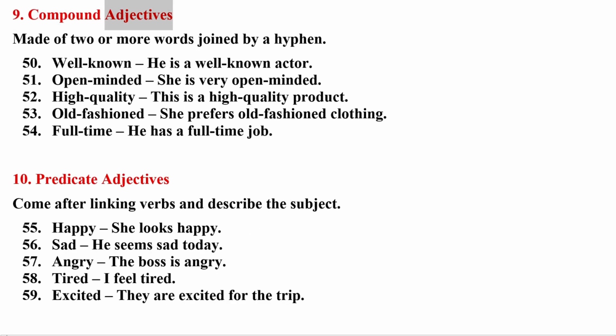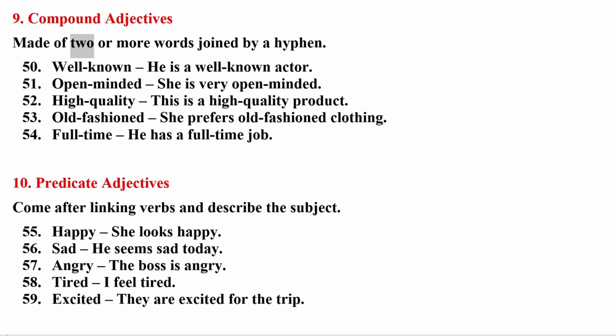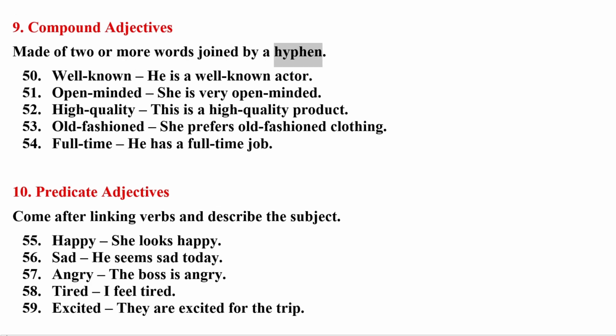9. Compound adjectives: made of two or more words joined by a hyphen. Well-known: he is a well-known actor. Open-minded: she is very open-minded. High-quality: this is a high-quality product. Old-fashioned: she prefers old-fashioned clothing.